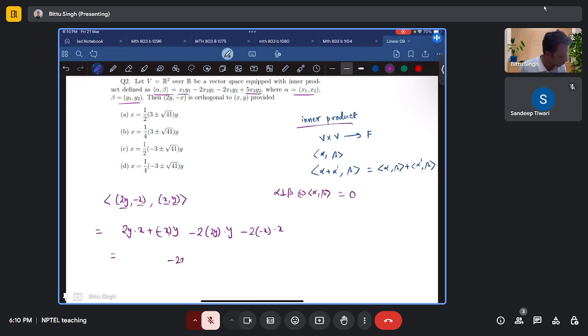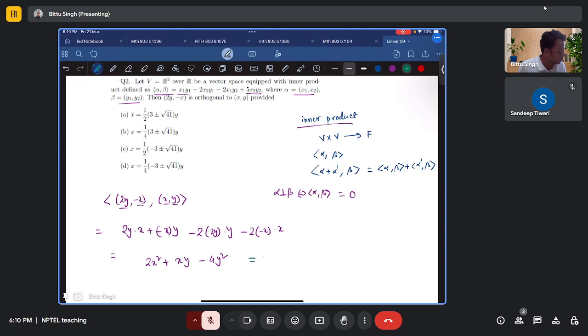So there will be only single xy terms, and now there is plus 2x square and minus 4y square. So this is 0. We need to find a condition such that this equals 0.